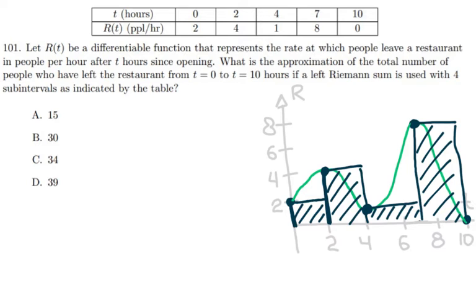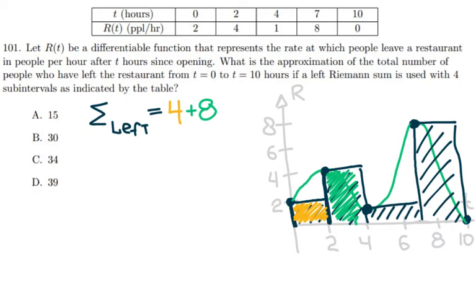Now if I calculate the sum of all of them, based on the left side of each interval, here is the area of the first one: the height times the base will give me 4. The area of the second one, the height times the base, will give me 8.